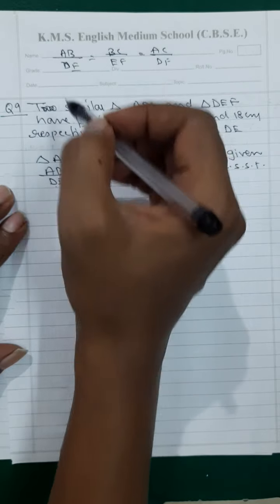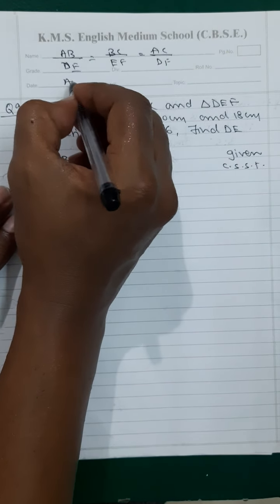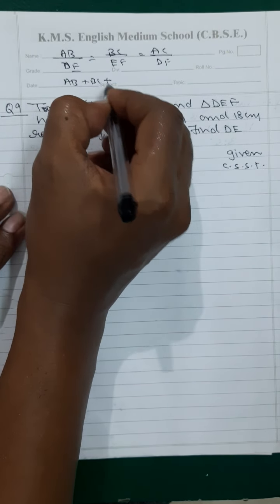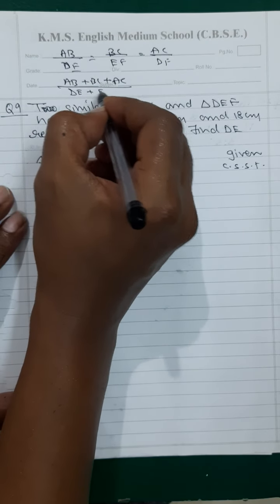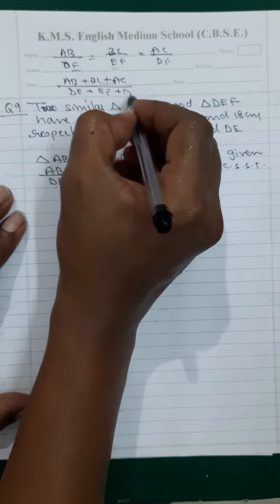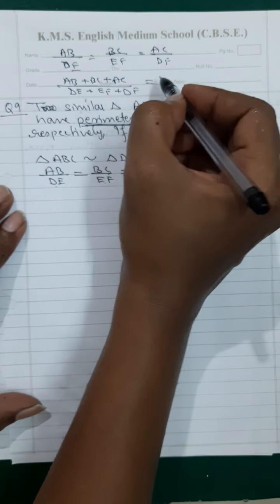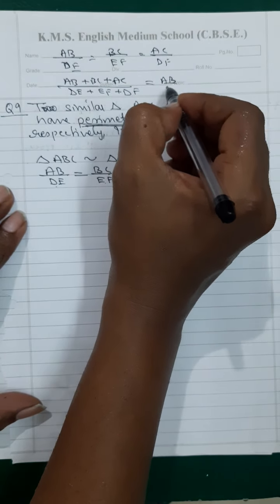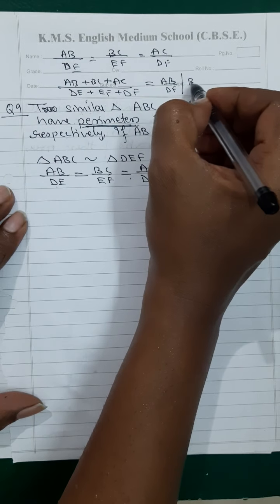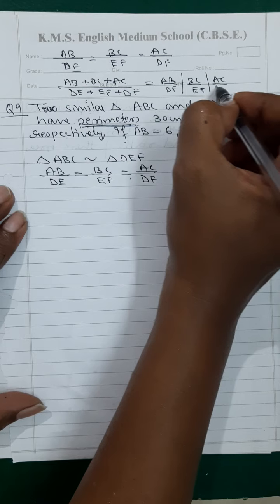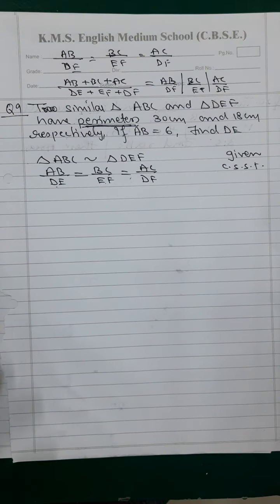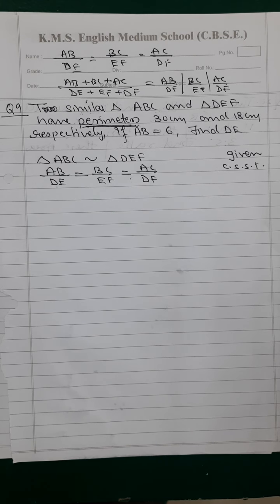If I add all the three ratios, means AB plus BC plus AC upon DE plus EF plus DF, this will still be equal to either AB upon DE or BC upon EF or AC upon DF. Any one. This is the basic idea of the theorem on equal ratios.